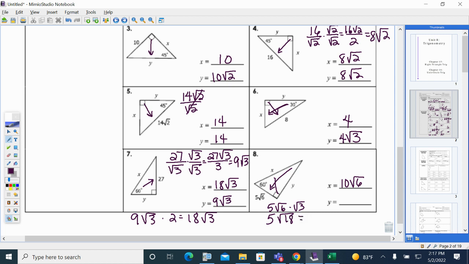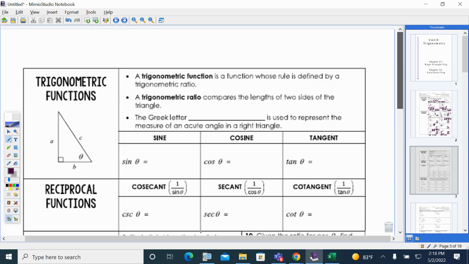So that's going to simplify to 3 radical 2, and 3 times 5 is 15 radical 2. So all those rules of simplifying radicals are going to come back to haunt us. All right, let's keep going.